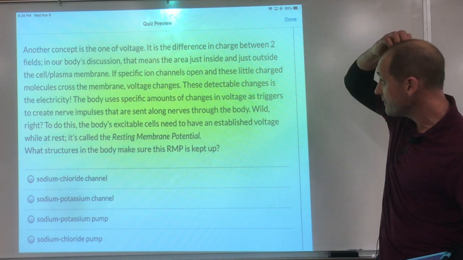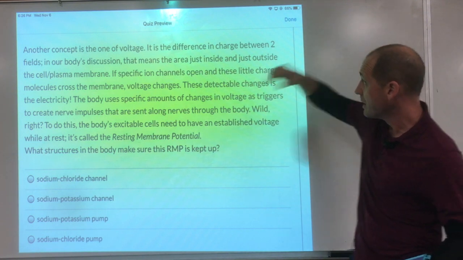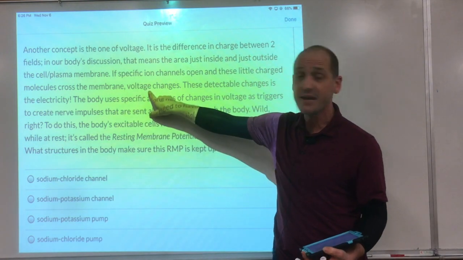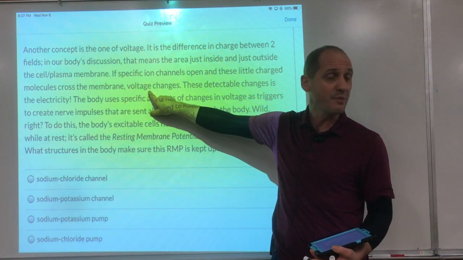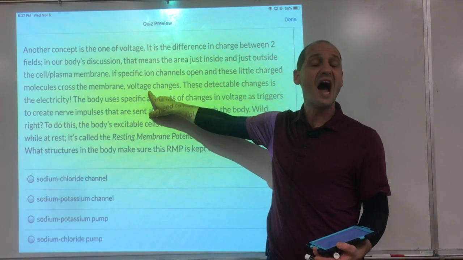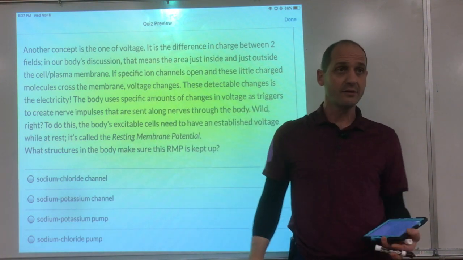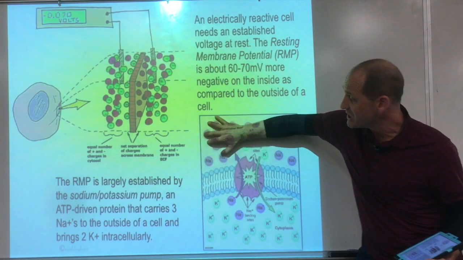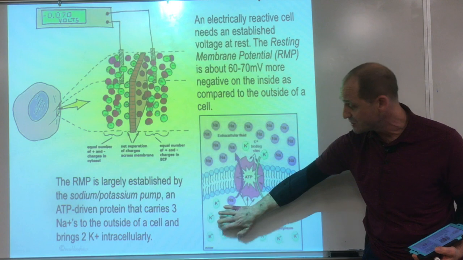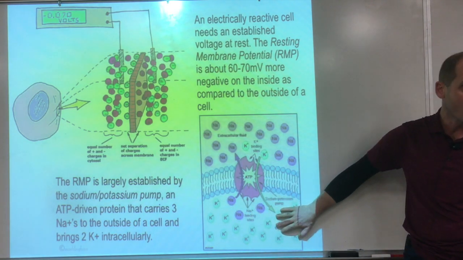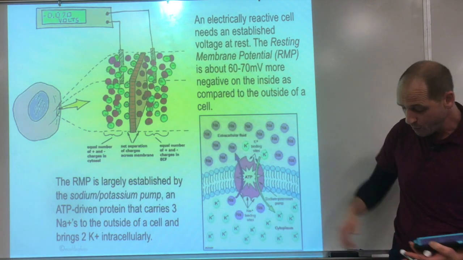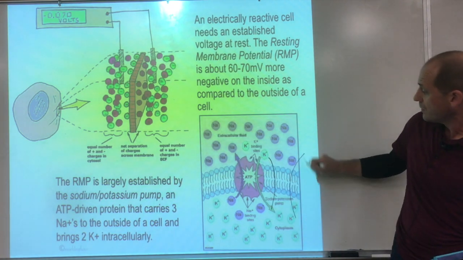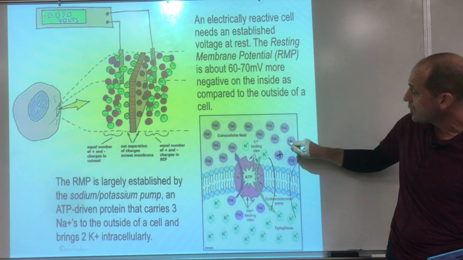So if we then have these channels and they open, these little charged molecules cross the membrane, that negativity or positivity changes a little bit because we take all these positive ions from one side to the other side. So in a nerve impulse, what happens is we have all these sodiums established on the outside and all these potassiums right on the inside of the cell membrane along the nerve. And when the channel opens, when we make a channel here again, these are all positively charged things.